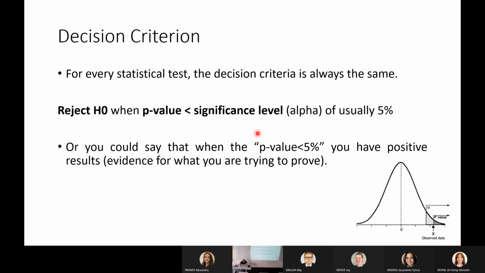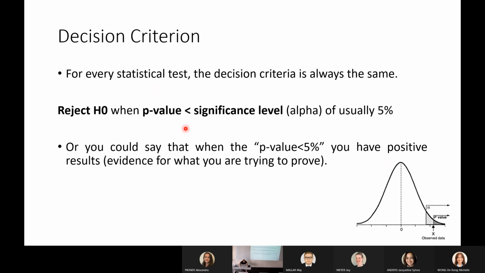For every statistical test, the criteria is always the same. We have to reject the H0, so the null hypothesis. In other words, when we reject the null hypothesis, we confirm the alternative hypothesis.